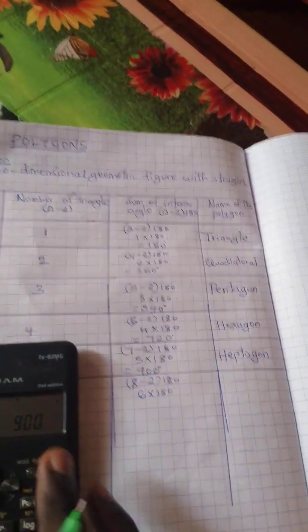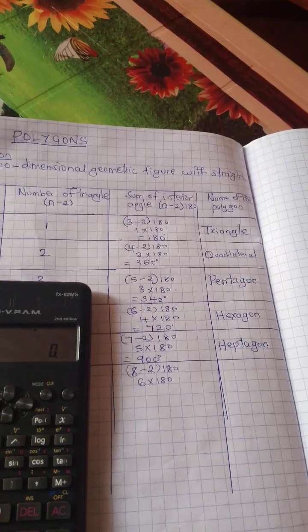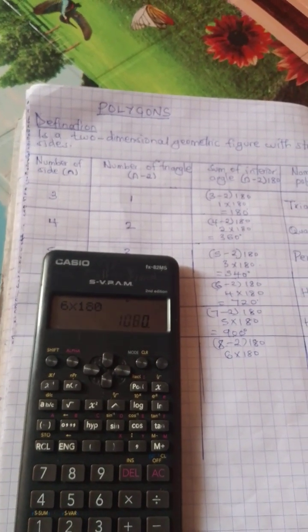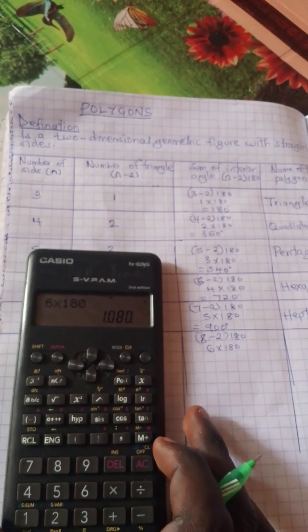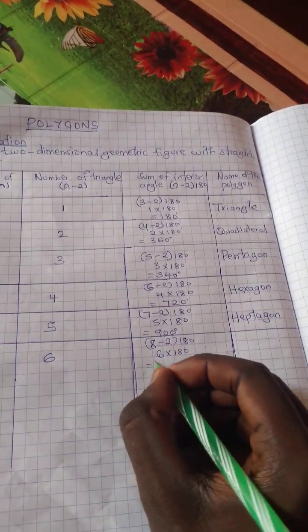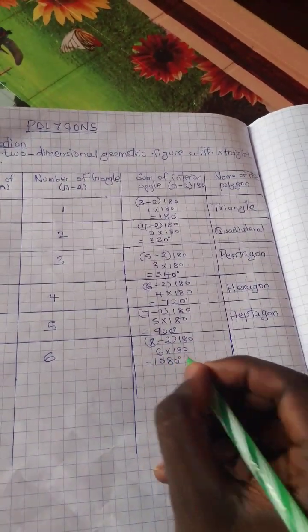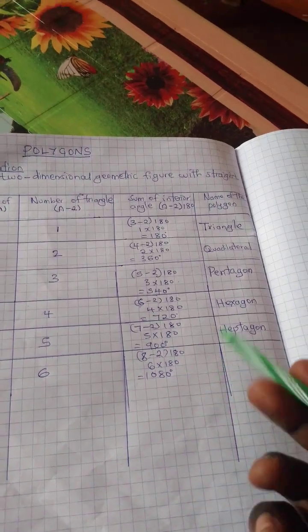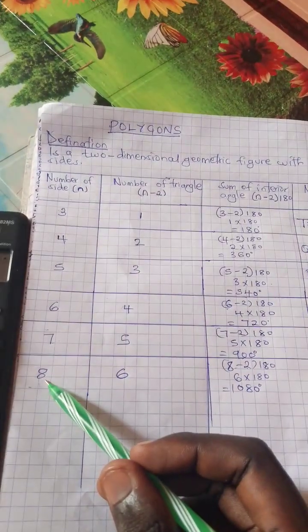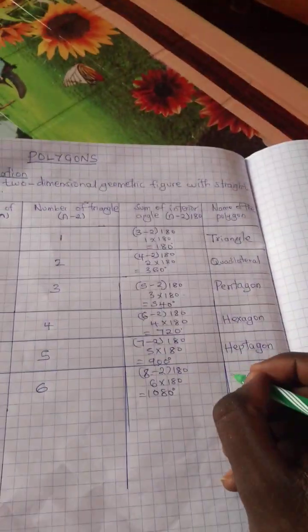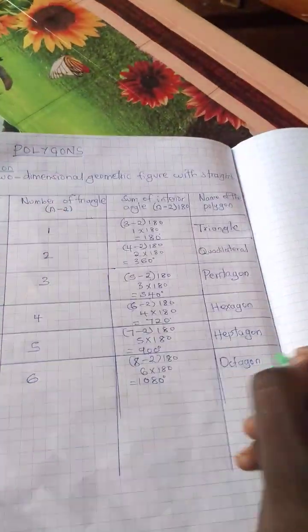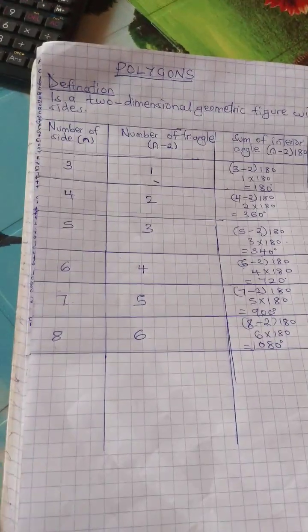Let's calculate. 6 times 180 will give us 1080 degrees. Then deduce the name of the polygon. An eight-sided figure is called an octagon.